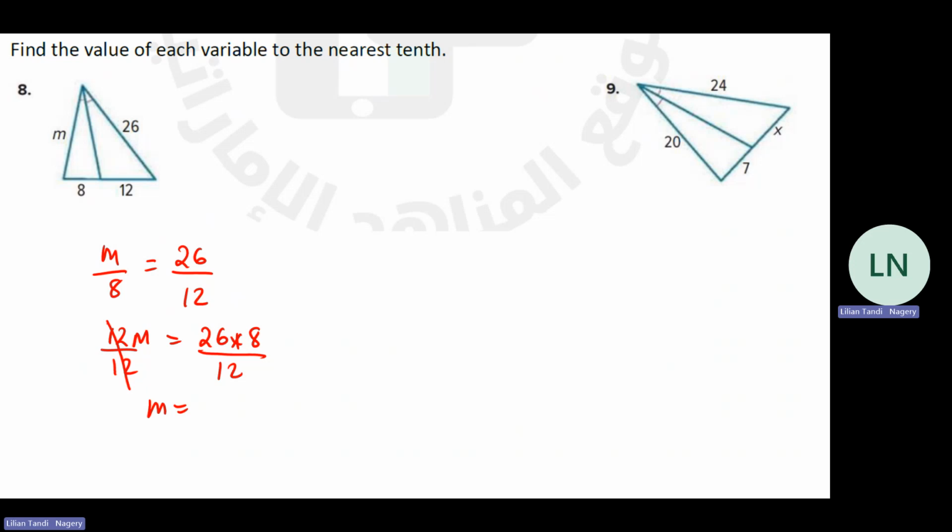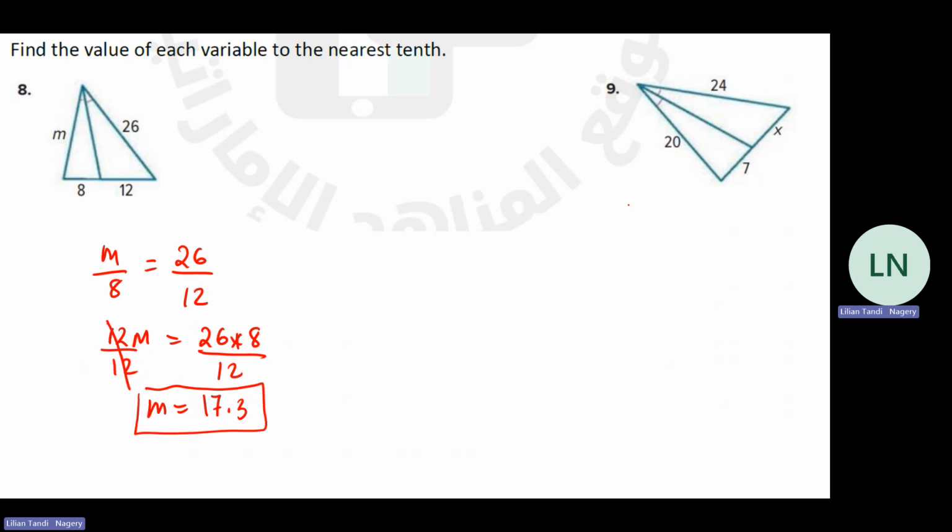M is 26 times 8 divided by 12, which should give us 17.3333. So just 17 and 3/10.